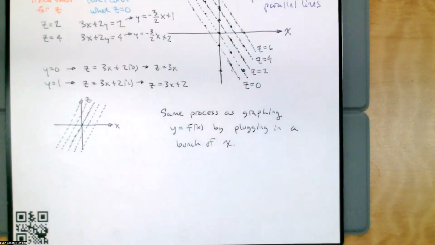It's the same process as graphing y equals f of x by plugging in a bunch of x. But instead of getting 0-dimensional values in 1-dimensional space, we're getting 1-dimensional curves in 2-dimensional space.